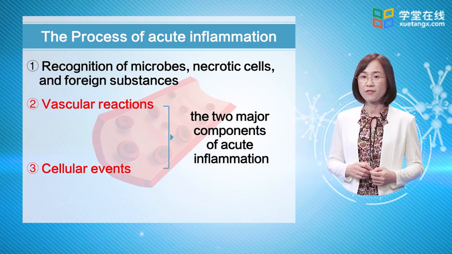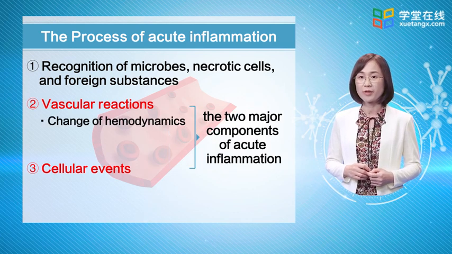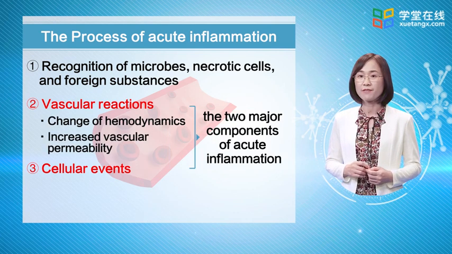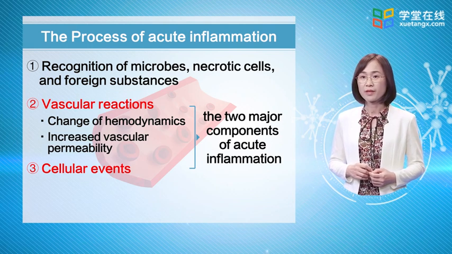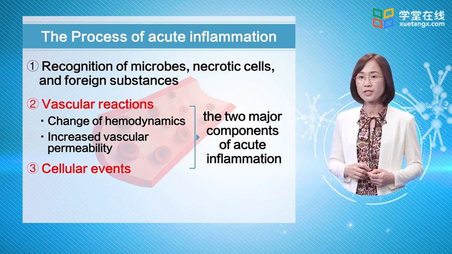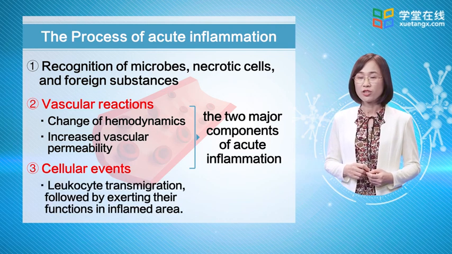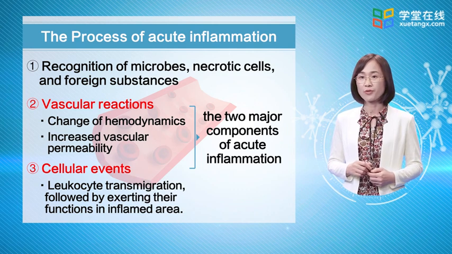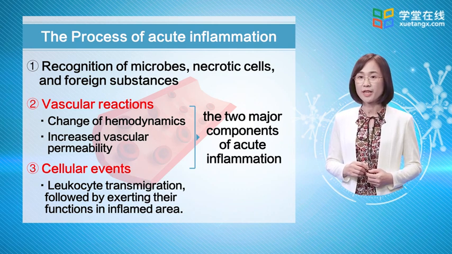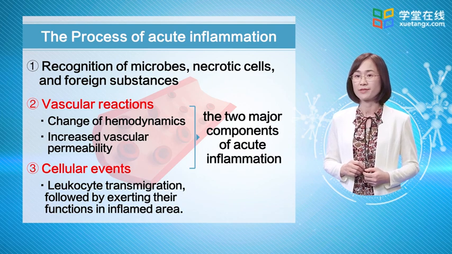Vascular reactions involve changing of the local hemodynamics and increased vascular permeability. The main purpose of vascular reaction is to deliver leukocytes and plasma proteins to the extravascular space. Cellular events mean that leukocytes transmigrate through the blood vessel wall, accumulate in the inflamed area, and exert their functions.